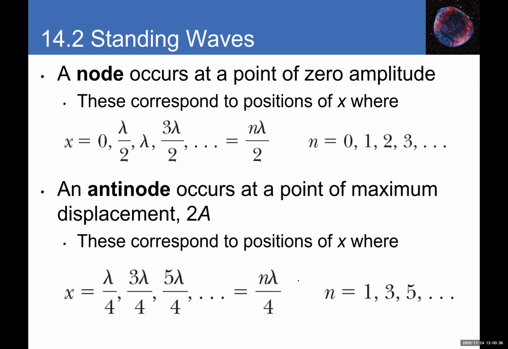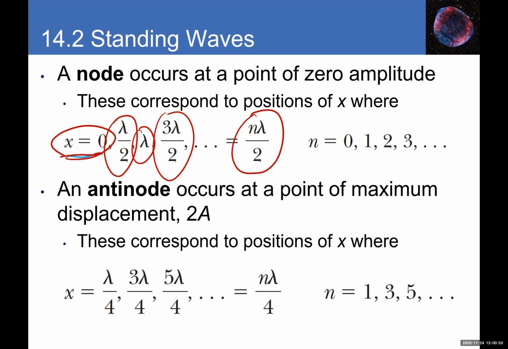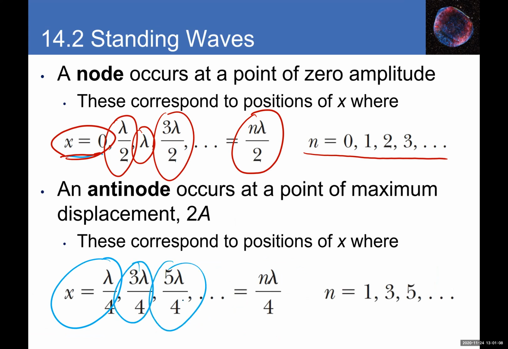Okay. That means this shows that the nodes occur at x equals 0, and then half a wavelength, and a wavelength, and 3 halves of a wavelength. So basically n lambda over 2, where n equals 0, 1, 2, 3. And antinodes happen at x equals, let's say, being consistent with the colors, a quarter of a wavelength, or 3/4 of a wavelength, or 5/4 of a wavelength, and so on and so forth.